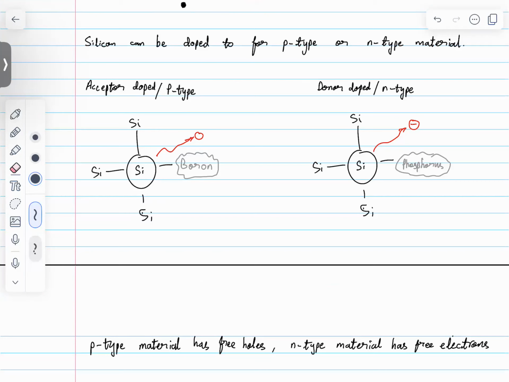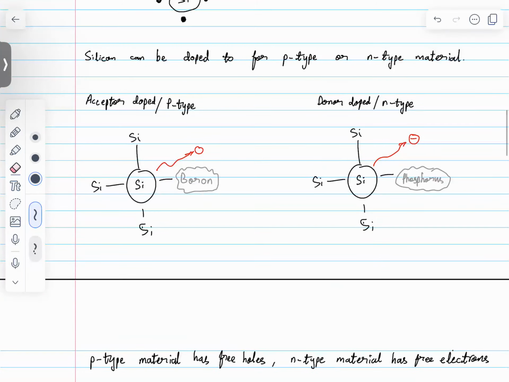And so when phosphorus atoms are introduced into a silicon crystal, every time phosphorus forms bonds with the nearby silicon atoms, there would be one free electron. That's the situation on the right here. So you have one free electron when a silicon crystal is doped with a fifth group element such as phosphorus.